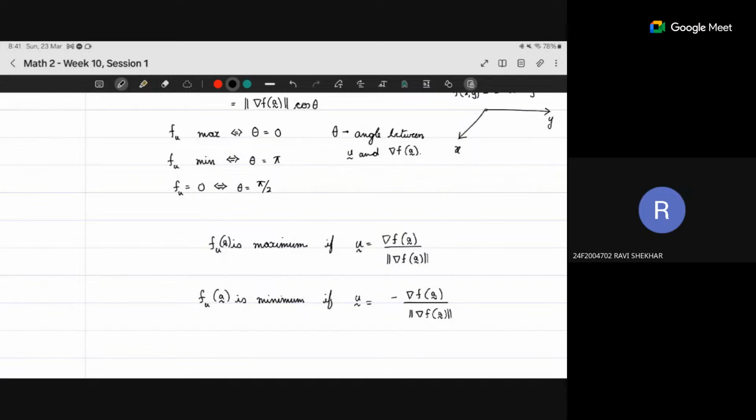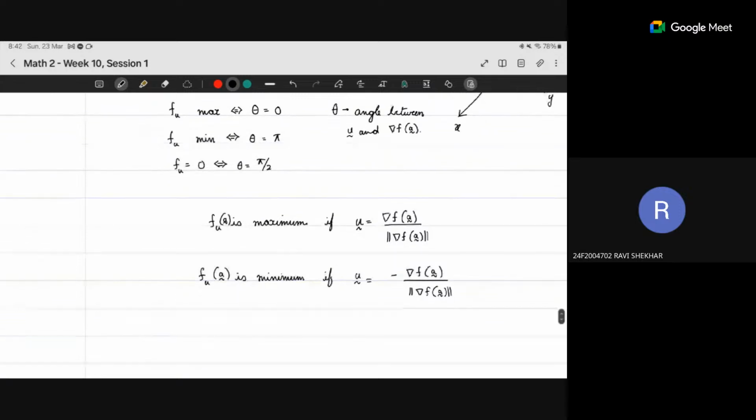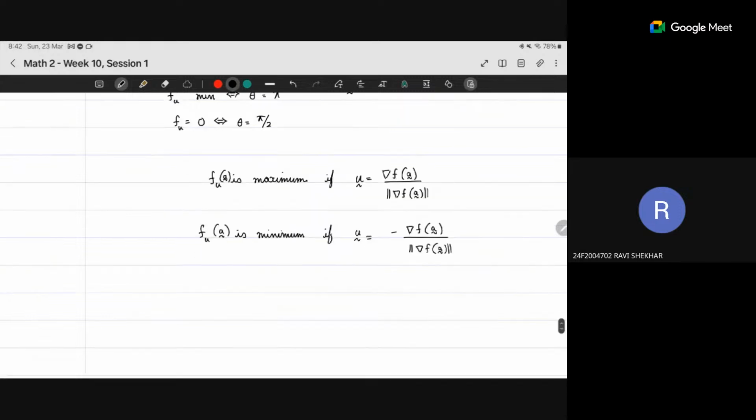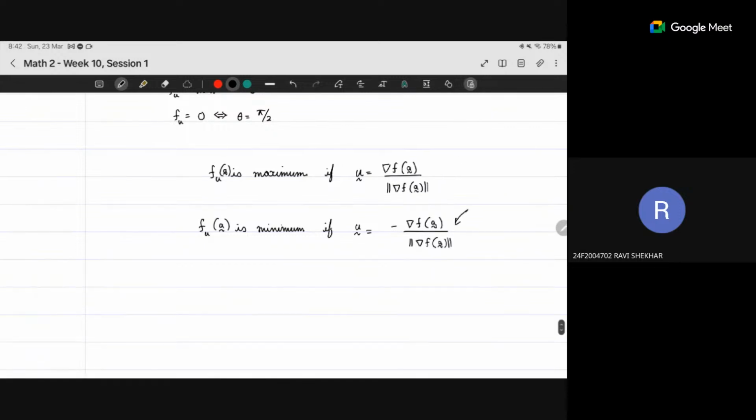And the only negative number which would make this a unit vector is minus 1 by the norm of the gradient. So this is the direction of steepest ascent, and this is called the direction of steepest descent.